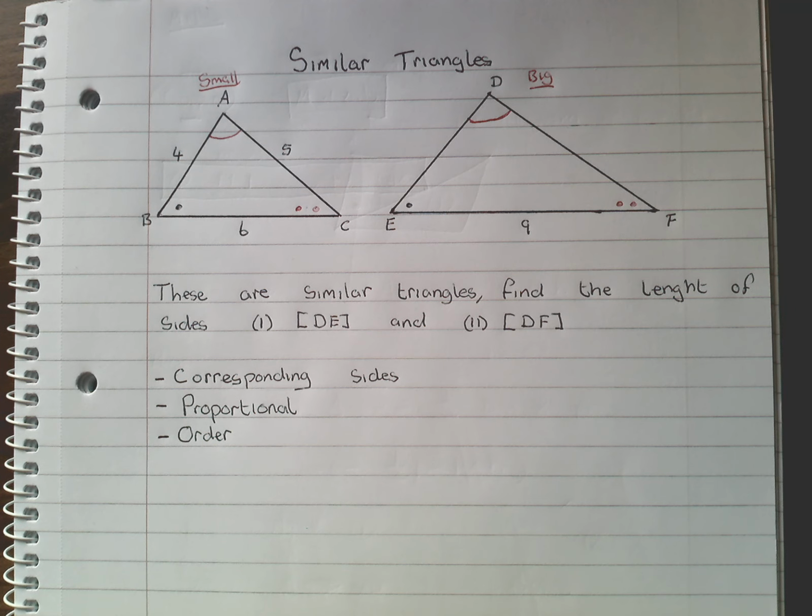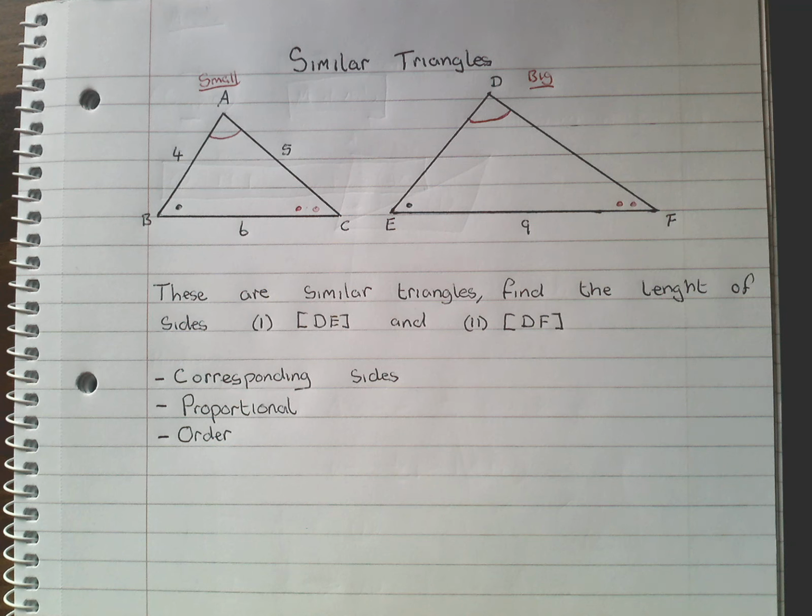So what we want to try and do then is work out mathematically what the correspondence is. In order to do that, we look at each of our triangles and look for a size that is present on both corresponding sides.